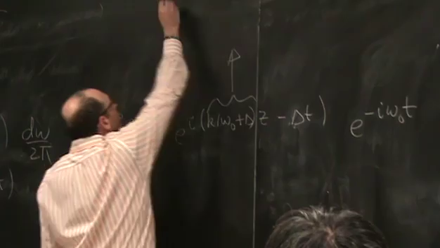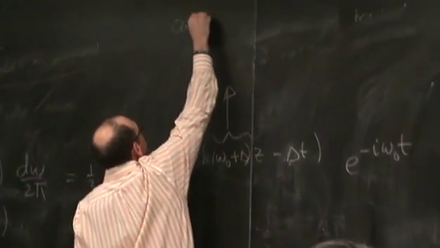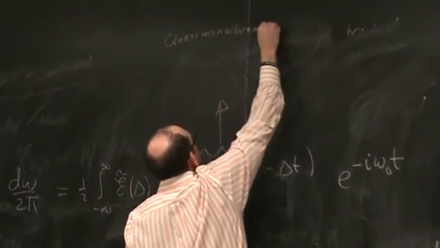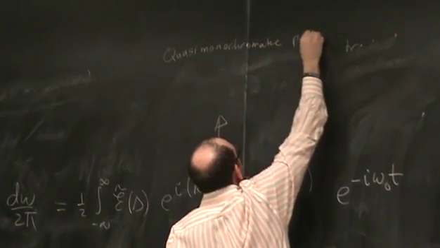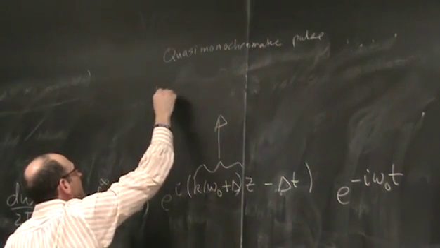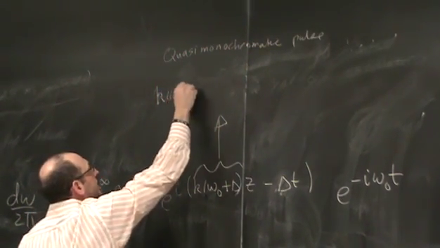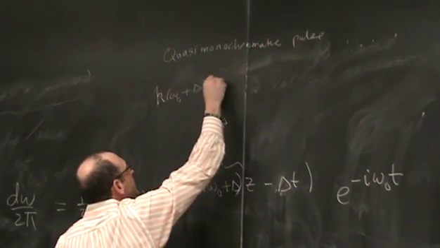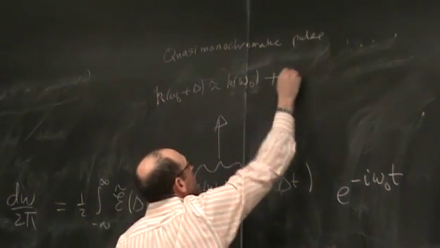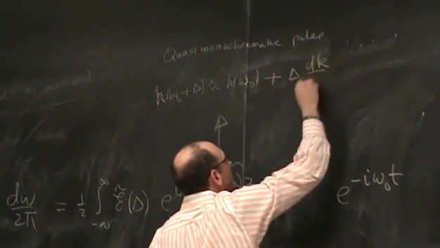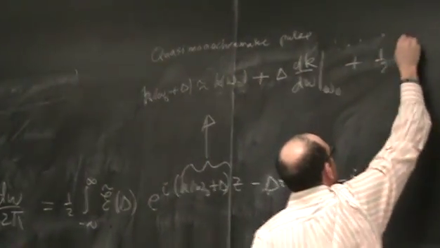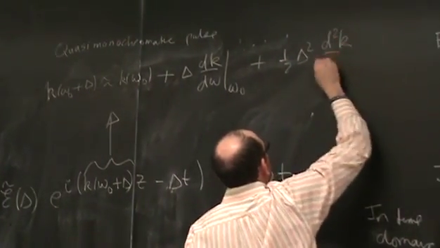So for a quasi-monochromatic pulse, we can Taylor series expand our function k of omega, approximately k at the central frequency omega naught, plus delta times the derivative of k with respect to omega at omega naught, plus a half delta squared times the second derivative, etc.